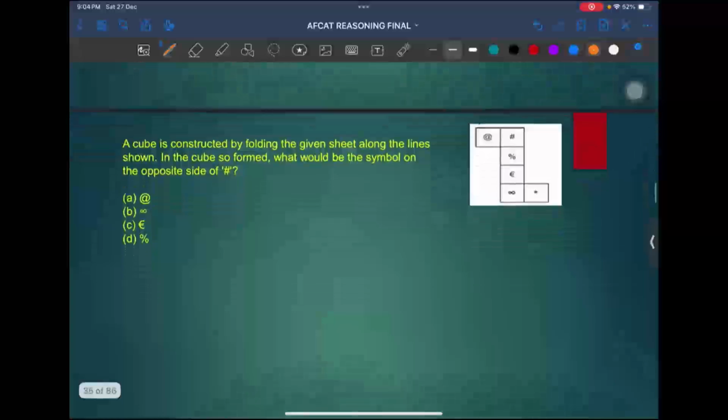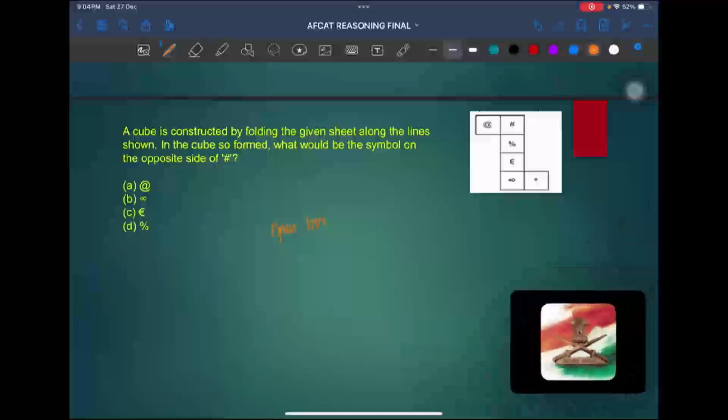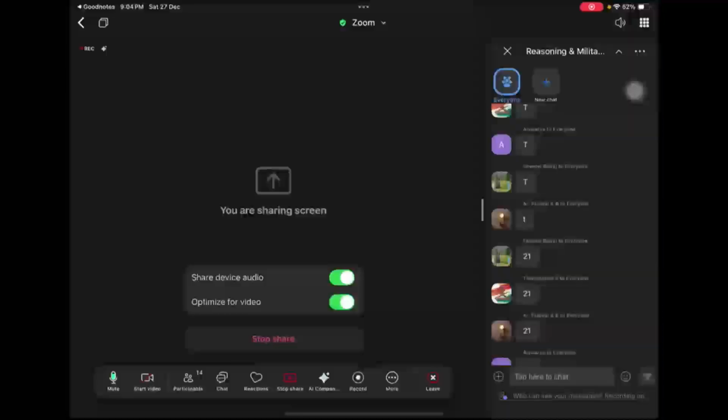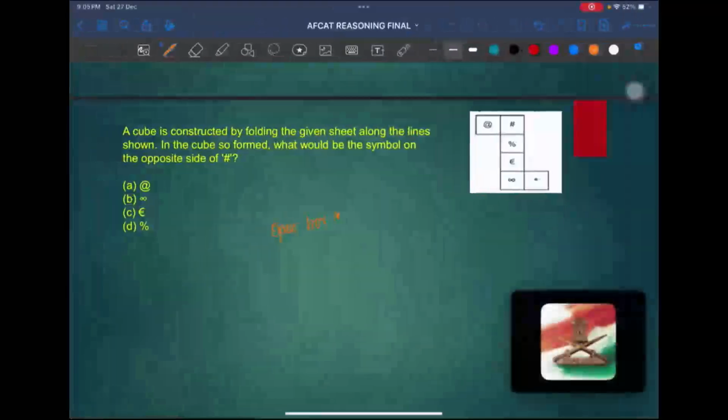Now let us move on to the open box method questions. I hope if you find this kind of question in your exam, you'll be able to do these open box questions.